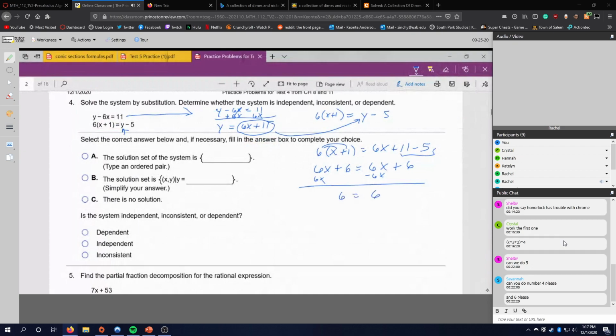So if I subtract 6X, that's going to give me 6 equals 6. And since that's true, 6 equals 6, that means that any solution is going to work. So an infinite number of solutions works.